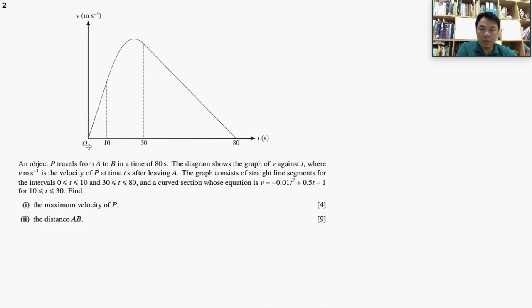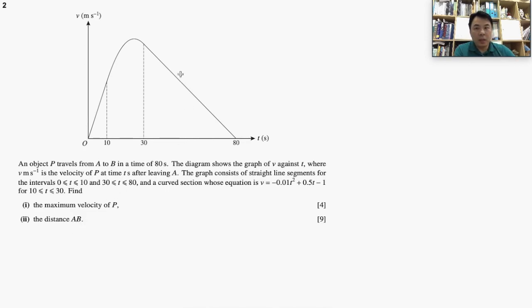And 30 to 80 seconds is also a straight line. And there is a curved section whose equation is given here. So the curved section is over here, for the domain of time lying between 10 and 30 seconds.